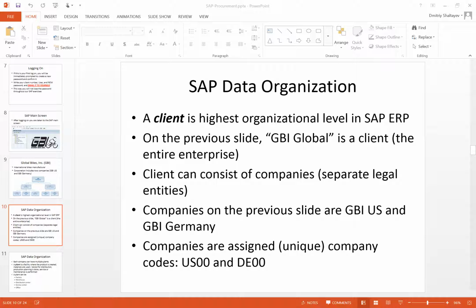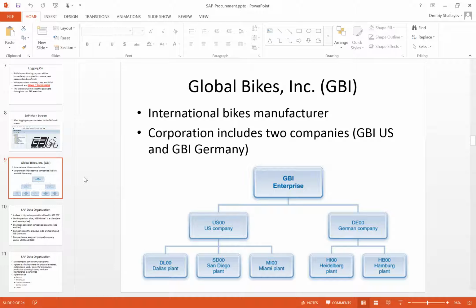So therefore, talking about the example of Coca-Cola, client is Coca-Cola Incorporated, the mother holding, and everybody else basically are independently operated companies under it. Coming back to the example that's relevant to us, we are going to be dealing with Global Bikes International. This is an imaginary company that was founded by two bike enthusiasts, and originally the company was in Germany, but later it expanded to the US.